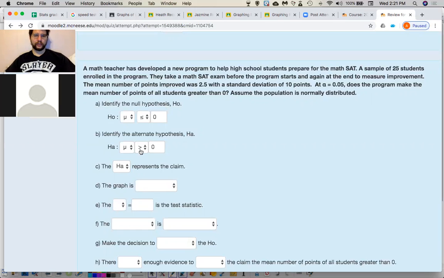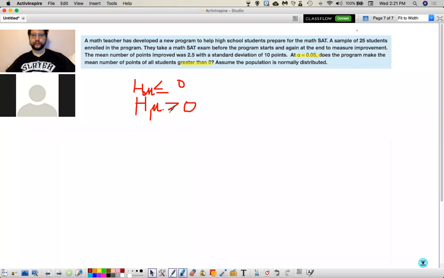So from here, we can say this is the right tail graph. And let's look some more. N is 25. The mean number of points improved was 2.5 with a standard deviation of 10 points. So it doesn't say population standard deviation. It's talking about this sample of students. So S is 10.